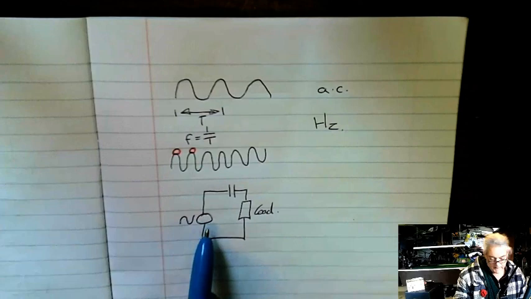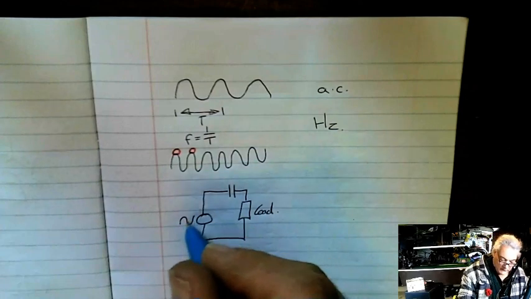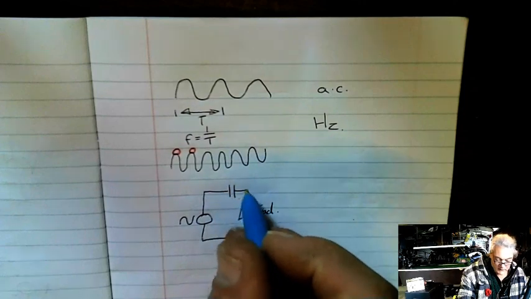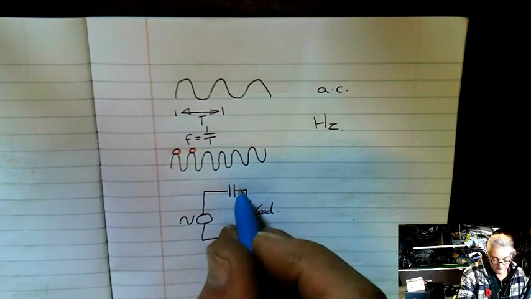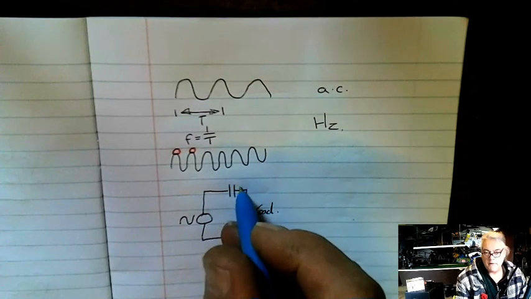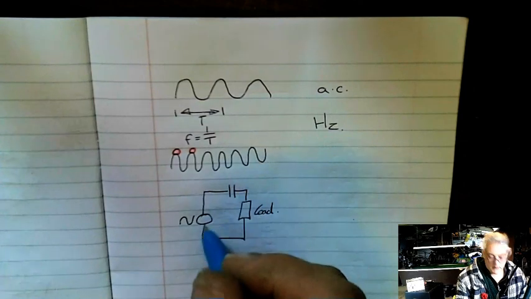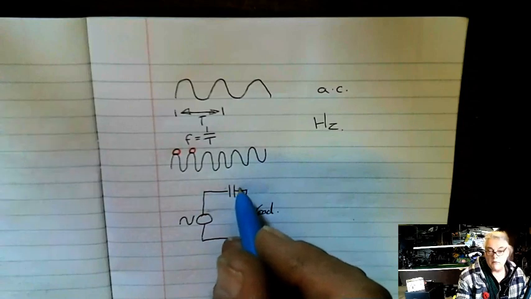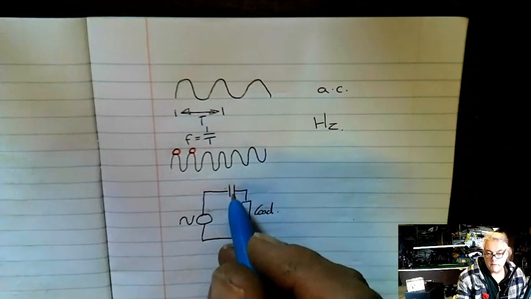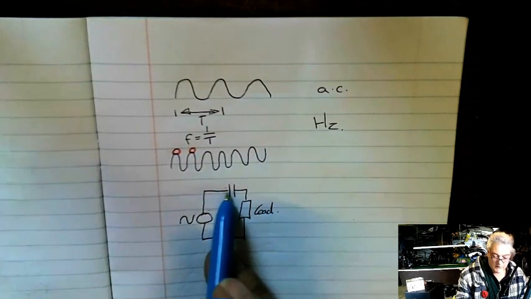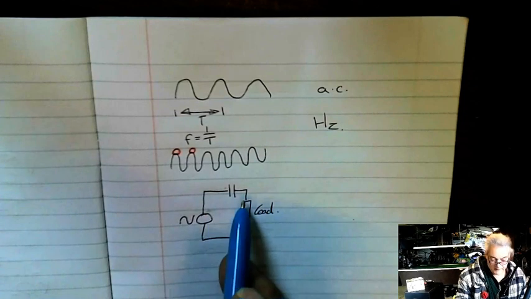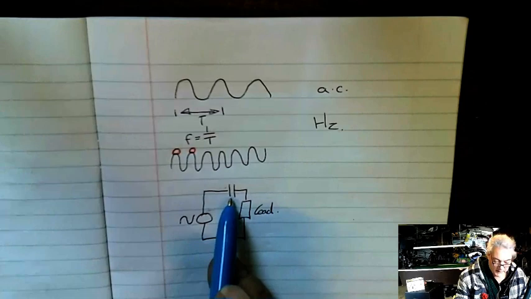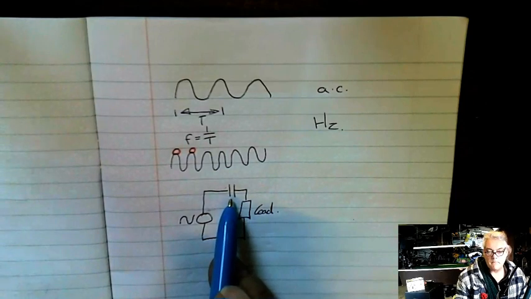What happens in this case is, obviously when this goes plus here, that's going to go plus here, it's going to induce a little negative sign on the other side of the plate. And as this goes minus here, it's going to go minus here, which is going to pull a little bit of plus on the other side of the plate. So the plus and the minus which is happening on this side of the plate, there's also going to be a plus and minus on the other side of the plate, even though there's an air gap between them.